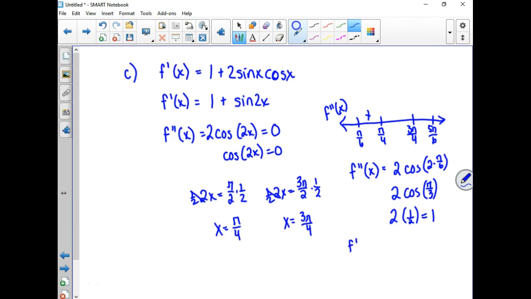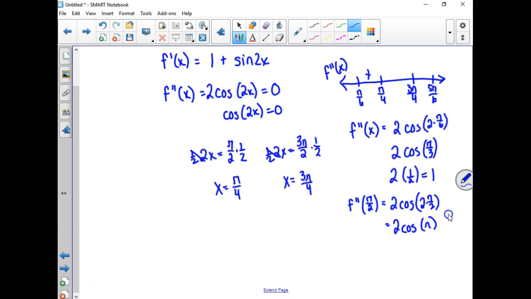If we take f double prime of a value between pi over 4 and 3 pi over 4, the easiest to use is pi over 2. We'll have 2 cosine of 2 times pi over 2. That is going to give us 2 cosine of pi, and cosine of pi is -1, so 2 times -1 gives us -2, so we get a negative in between pi over 4 and 3 pi over 4.